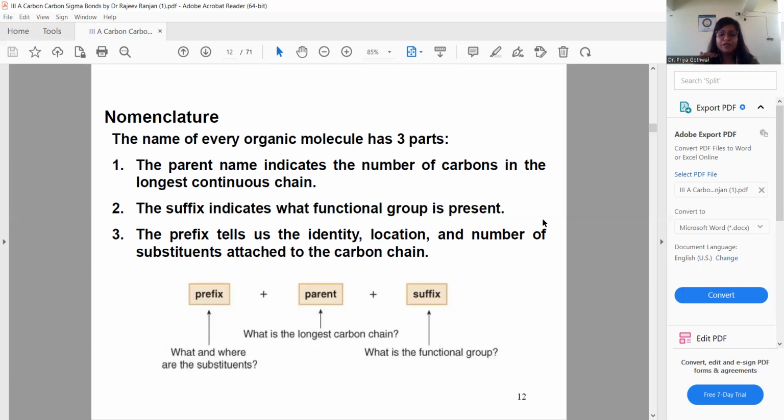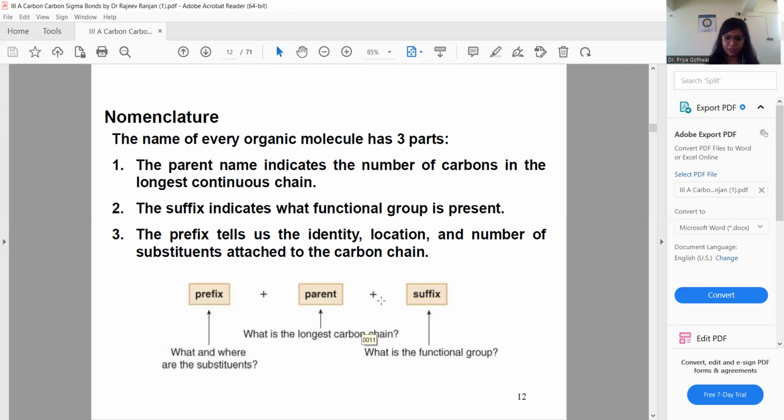And the third, the prefix, tells us the identity, location, and number of substituents attached to the carbon atoms, those species which are prefixed to the main carbon-containing compound. So the prefix tells what and where the substituents are, plus the parent chain, which is the longest carbon chain, plus the suffix, which denotes the functional group attached to the longest carbon chain.